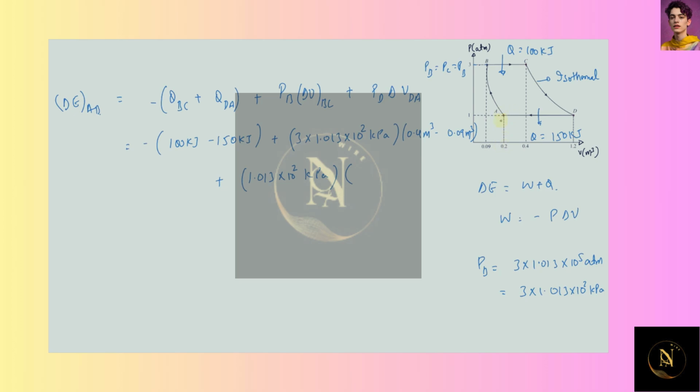So the final volume is VA, that means 0.2 meter cube minus 1.2 meter cube. So we're going to simplify this and we'll get the result as 42.9 kilojoule. So we can conclude that the change in internal energy for the process AB is equal to 42.9 kilojoule. So this is the final answer.